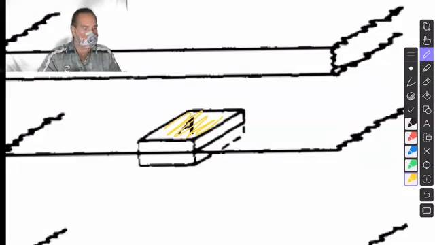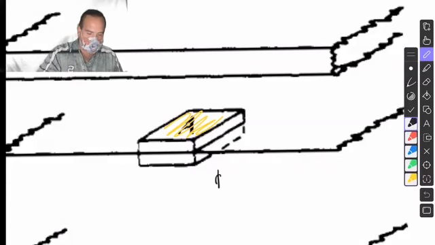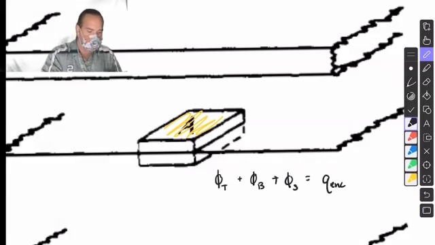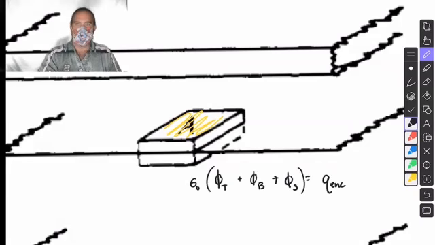Everybody good there? So when I think of flux for the top, flux for the bottom, and flux for the sides, that all has to equal the Q enclosed over epsilon naught. Is everything okay with that? And the flux through the sides is 0.